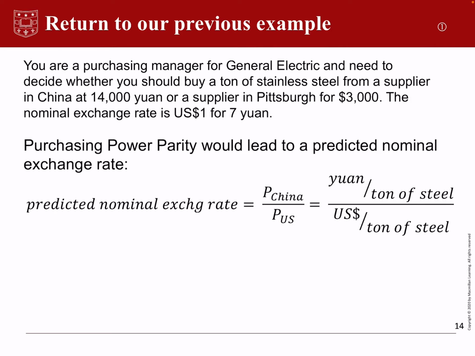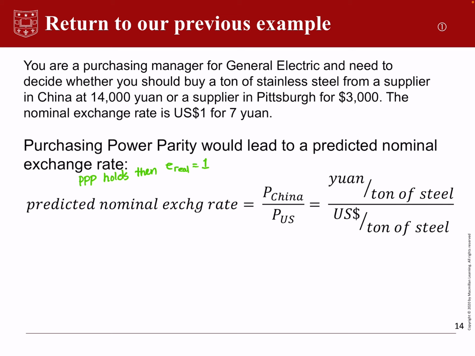Under the guise of purchasing power parity, if purchasing power parity holds, then it has to be the case that the real exchange rate numerically is 1. Goods and services trade at par for one another.